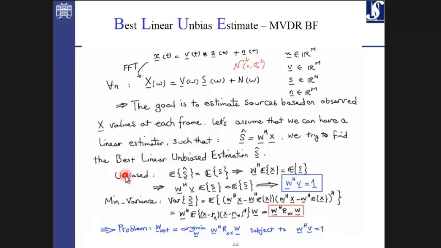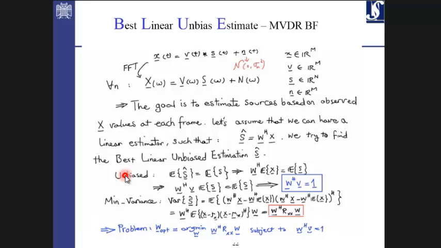So the output, the S estimate, we are saying by this statement that S estimate is actually W Hermitian times X.